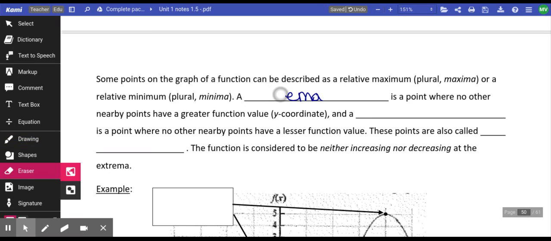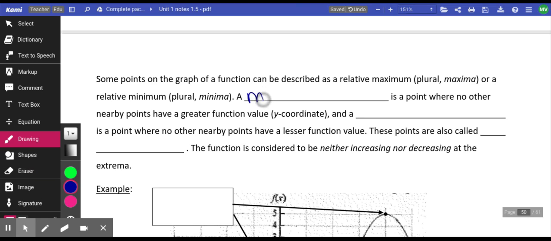A maximum is where no other points nearby have a greater function value. A minimum is where no other nearby points have a lesser function value, and these points are called extrema. The function is considered to be neither increasing nor decreasing at the extrema.